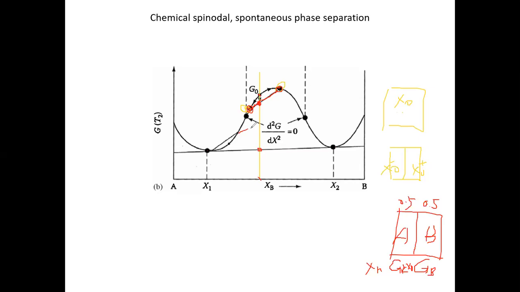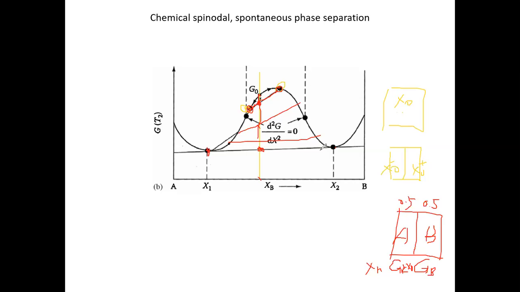But I can do this further. If I separate this amount, or I can separate even more, you see that I always keep on decreasing the free energy more and more until I reach here, right? Until the two points, compositions reach this point and this point. That is the furthest point I can go in order to maximize the reduction of the free energy.